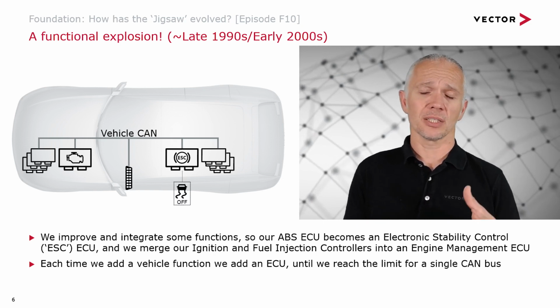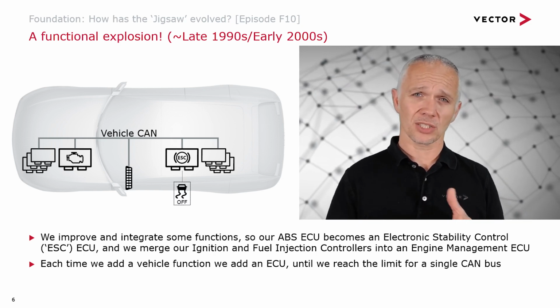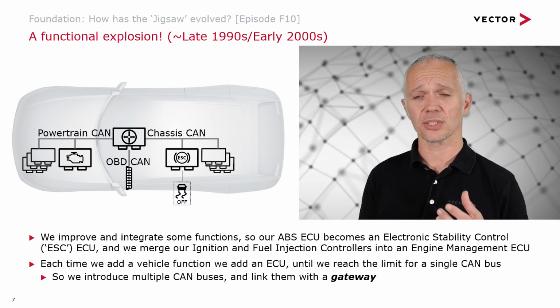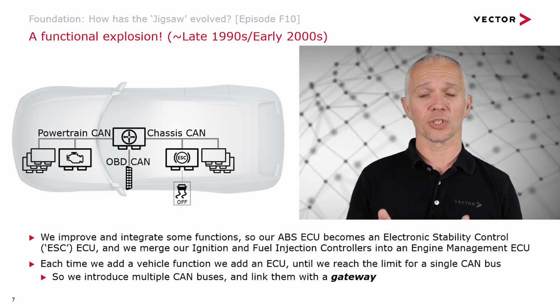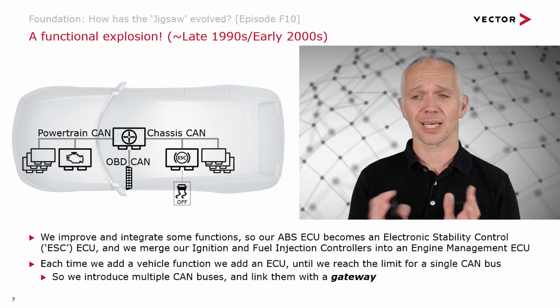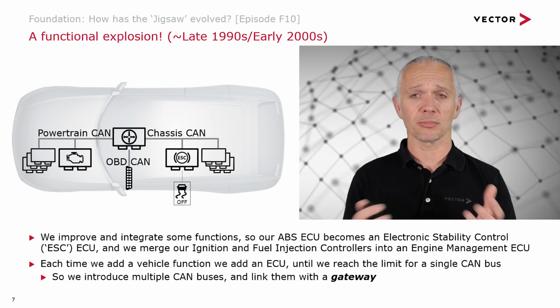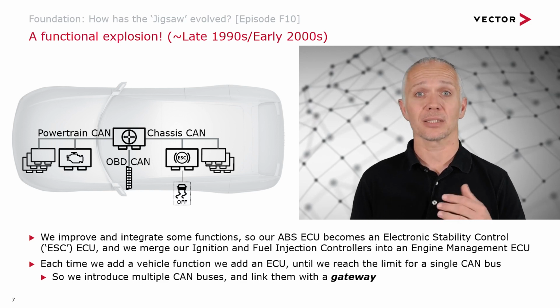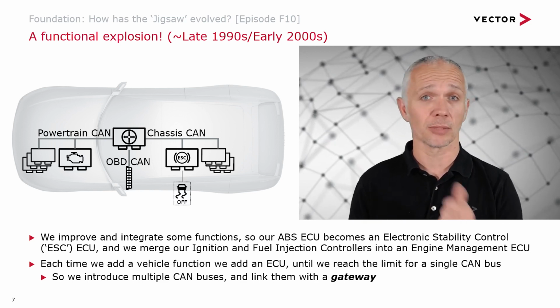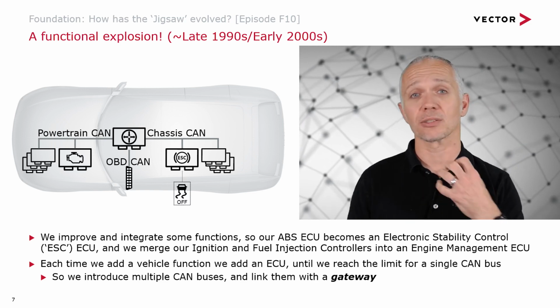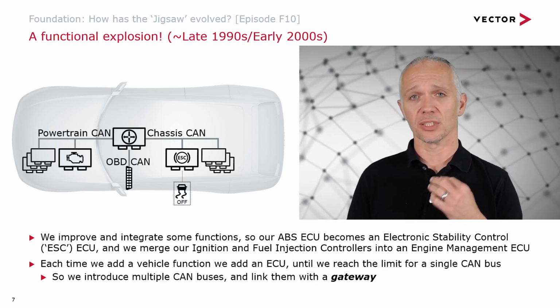So at this point in time, late 90s, early 2000s, we start to see the introduction of gateways, which effectively allow us to cut up the CAN buses into a number of different buses, which prevents us from hitting the limit of the number of ECUs or the amount of data that we're able to send.